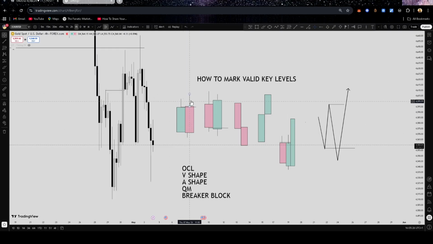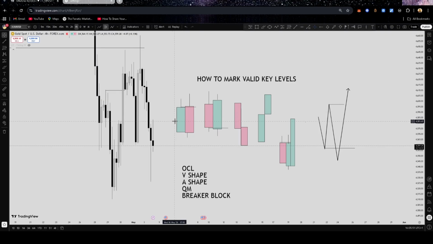Now, for you to trade a V-shaped key level, if you are to refine this V-shaped key level on the lower time frame, it must be valid on the lower time frame. Now, for this A-shaped key level to be valid, it must come from the higher time frame. I repeat, these key levels must be higher.